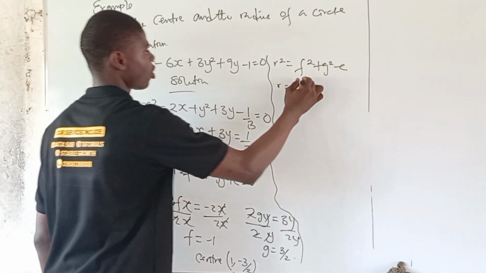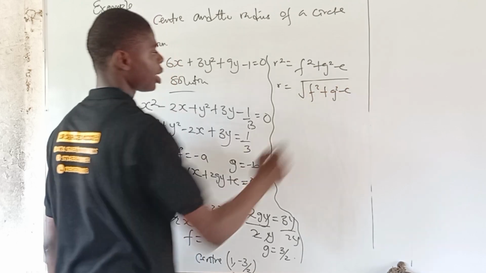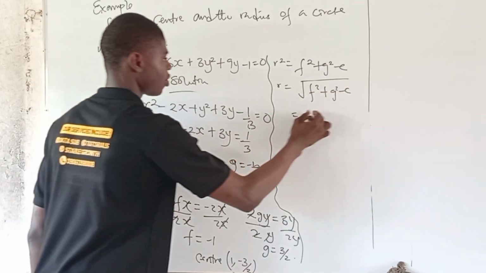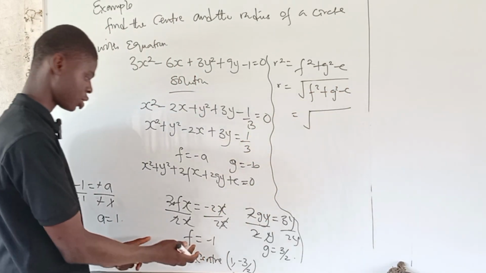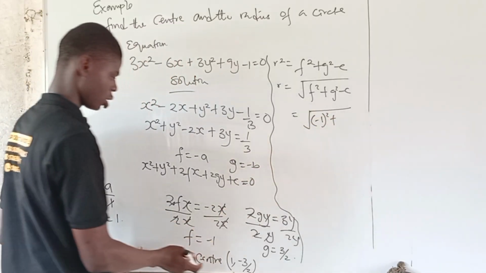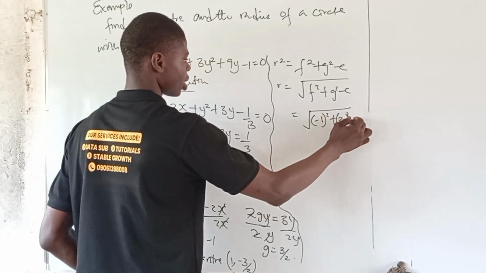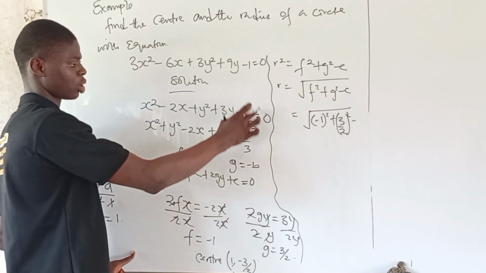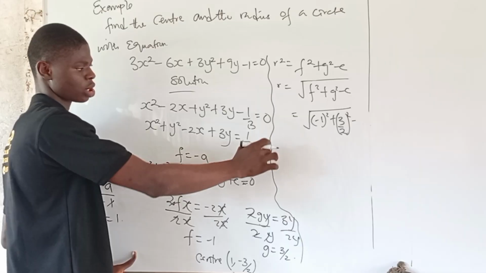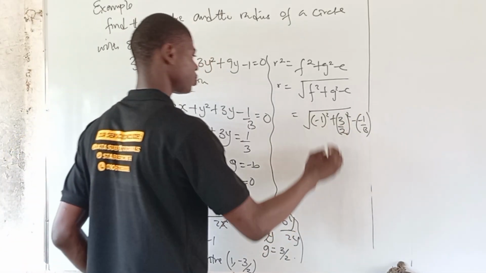So to get a value for r, you're simply going to take the root of f squared plus g squared minus c. We have f to be minus 1 squared plus g to be 3 over 2 squared. Our value for c from our question is negative 1 over 3, so it's going to be minus negative 1 over 3.